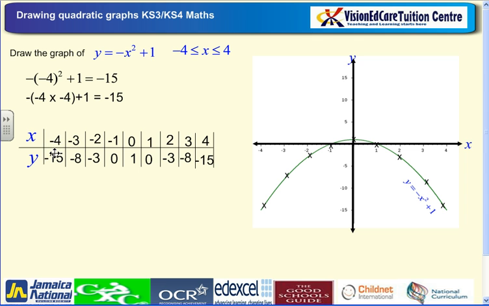So the first coordinate is minus 4 and minus 15, which is here, minus 3 and minus 8, minus 2 and minus 3, and minus 1 and 0, 0 and positive 1, positive 1 and 0, positive 2 and minus 3, positive 3 and minus 8, and positive 4 and minus 15. And we draw our curve.